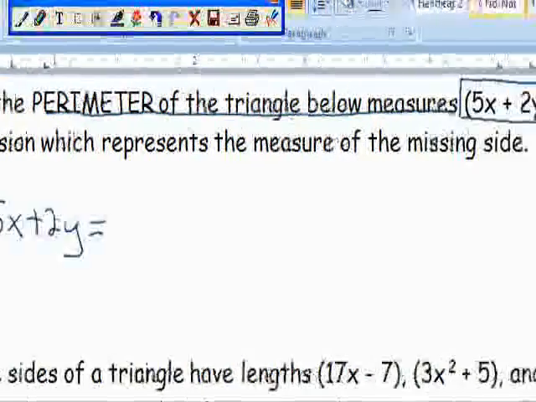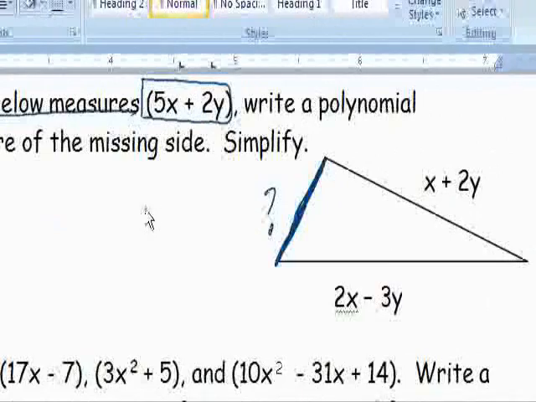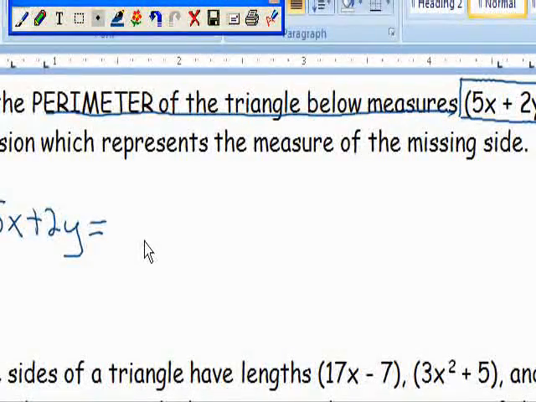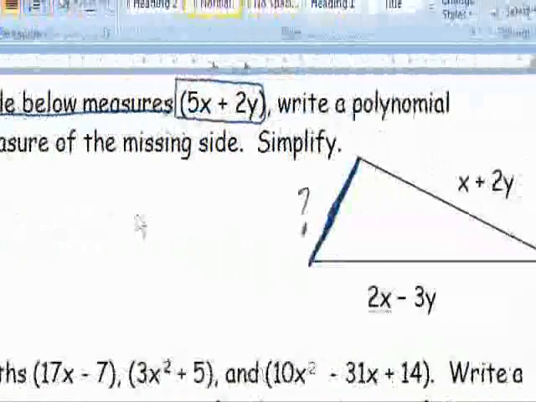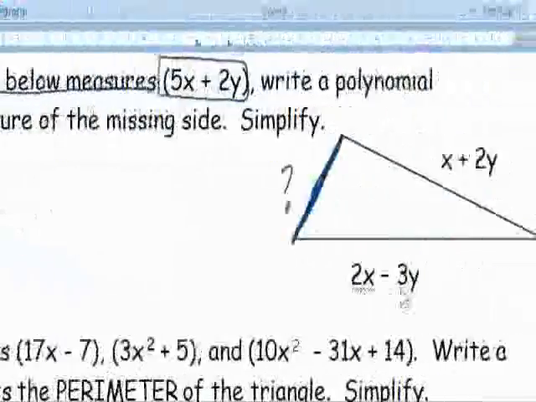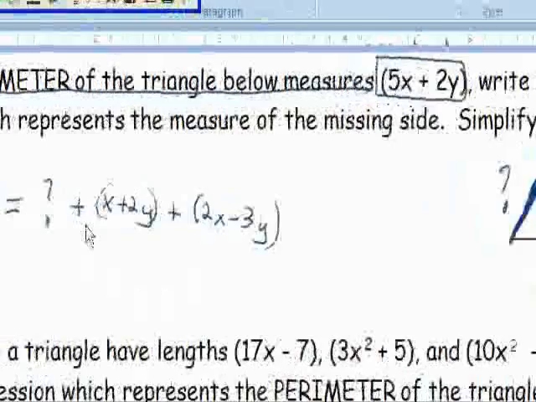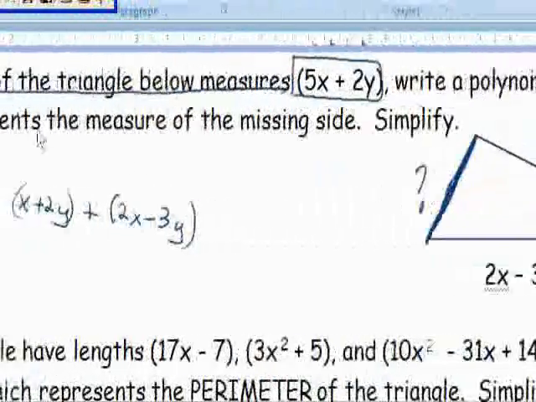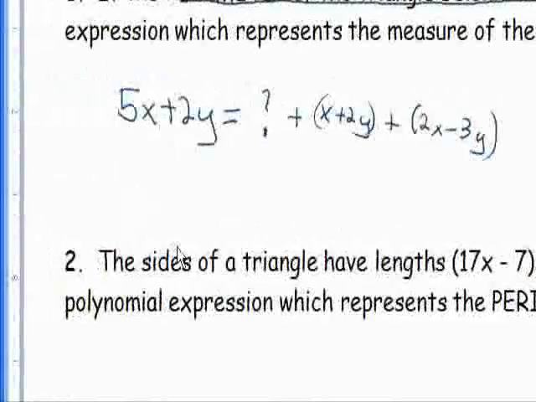So we know it's some length that we don't know, plus x plus 2y, which was this length here, plus this length right here, 2x minus 3y. We know that that's the total perimeter.